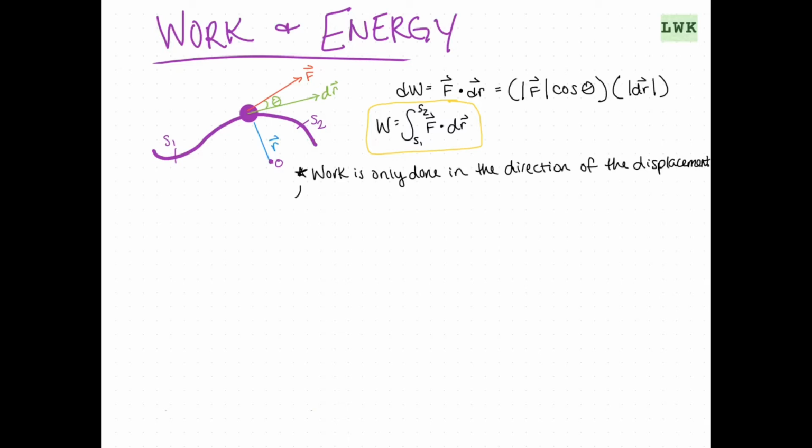And the other important thing to note is work is going to be equal to our force times our distance when our force is constant. So those are the two most important things to keep in mind when we're going through these types of problems.